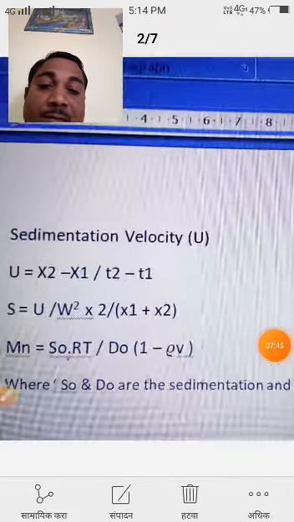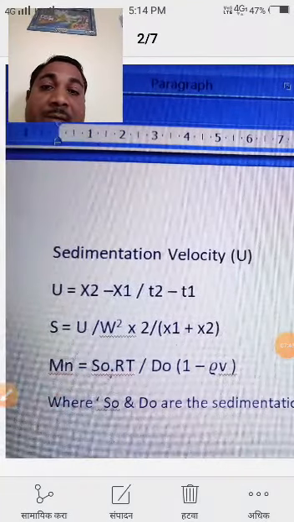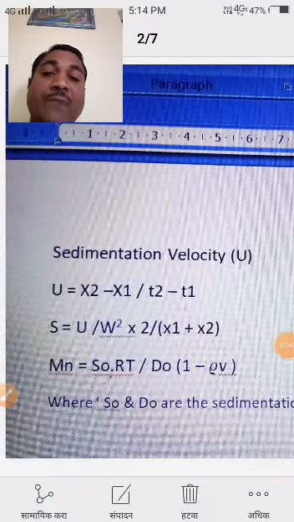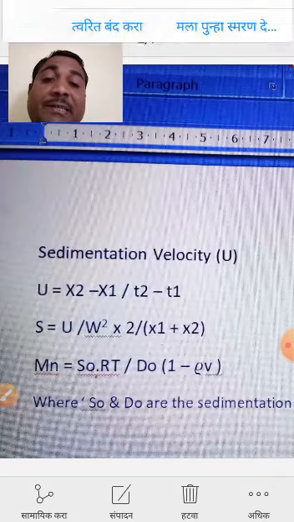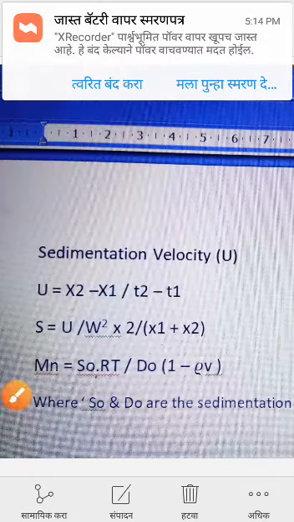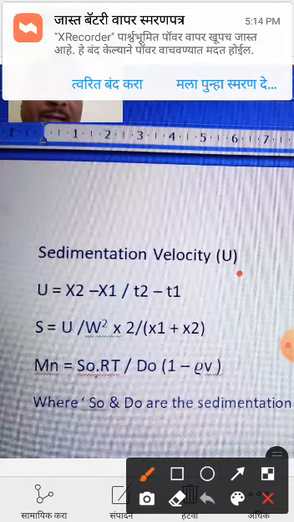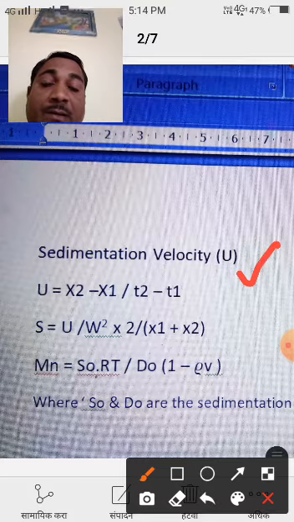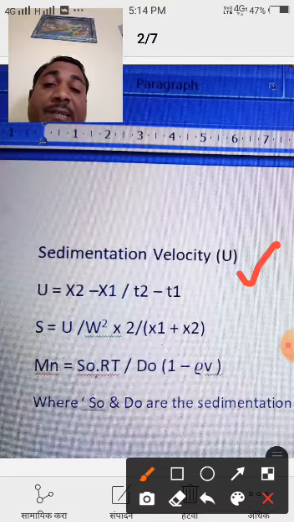From this observation we find the sedimentation velocity, denoted by the letter u.